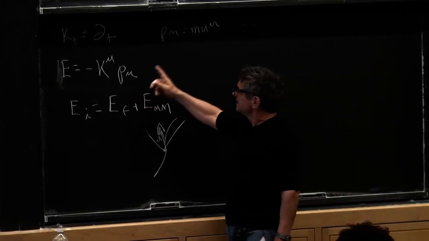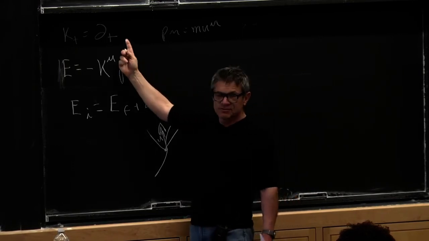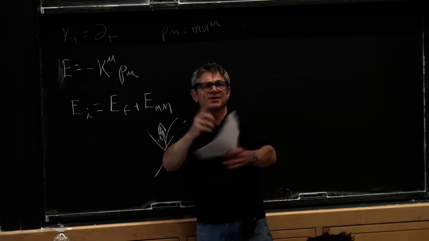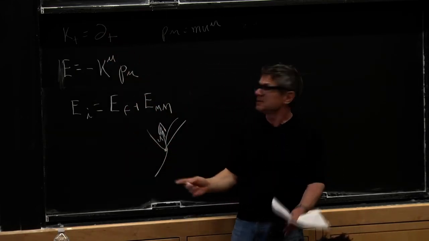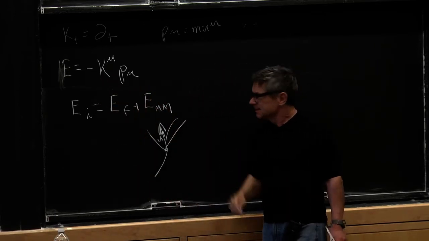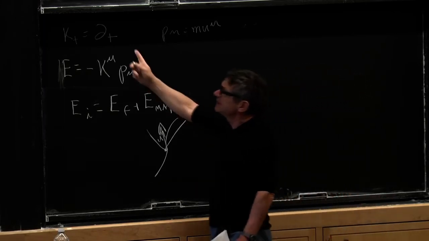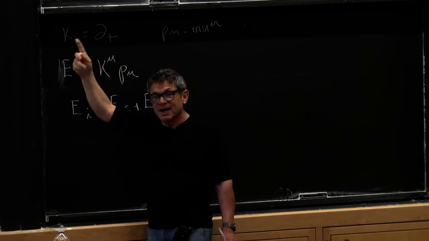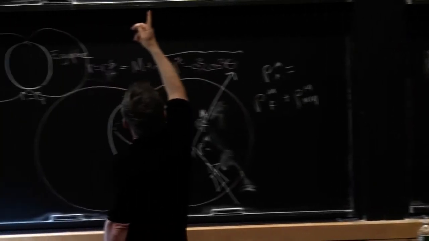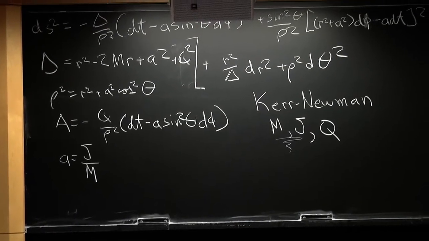So why can this be negative? Because usually you think d by dt is a future-directed vector, and so for two future-directed vectors, their inner product will always be negative, giving a positive energy. But the reason is that, in fact, d by dt becomes space-like inside the ergosphere, as you can see if you work out this equation here.